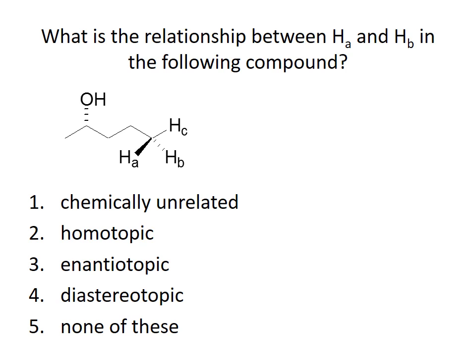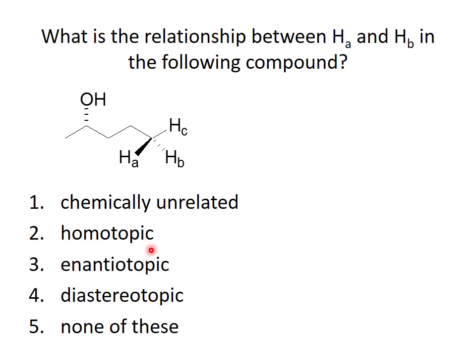Figure out what the relation is between HA and HB. If I look at this compound, you can see that if I put a deuterium here and then another time put a deuterium here, this carbon's going to still be achiral. So they are chemically related because they're identically attached.